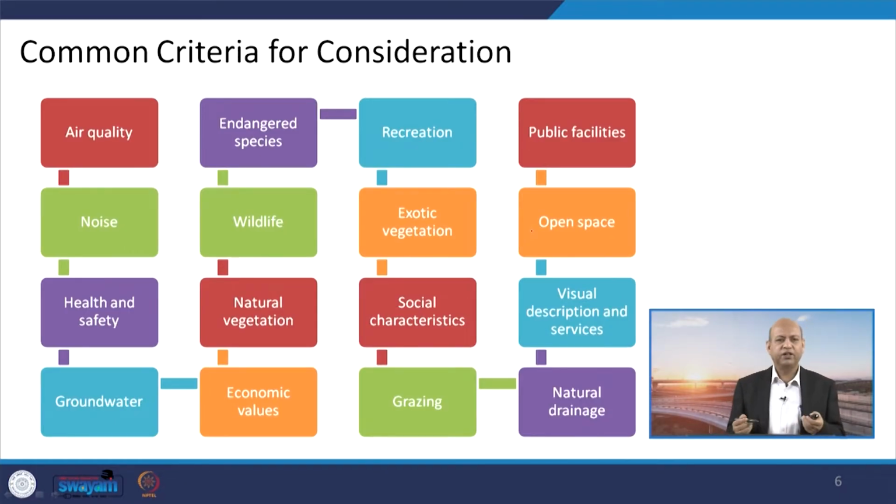Well, a common criterion is air quality. You ask the air quality expert whether because of this activity air quality will deteriorate or improve. For example, a highway is coming near a town. You ask an air quality expert how much this highway will deteriorate the air quality of the town.